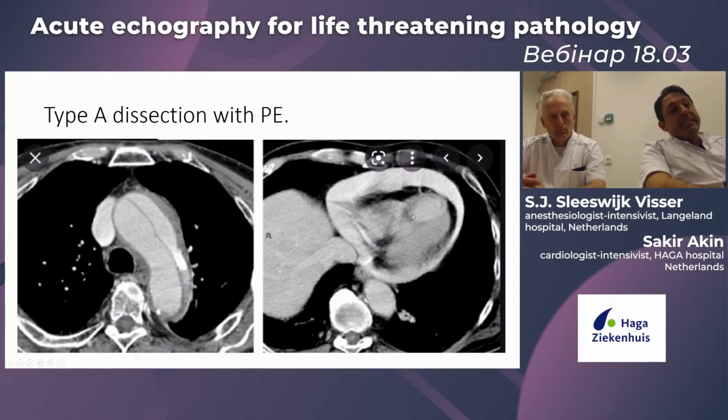What we need in the end is also a CT tomography of the aorta and the heart to help the thoracic surgeon to fix this problem, and also to fix the pericardial effusion.